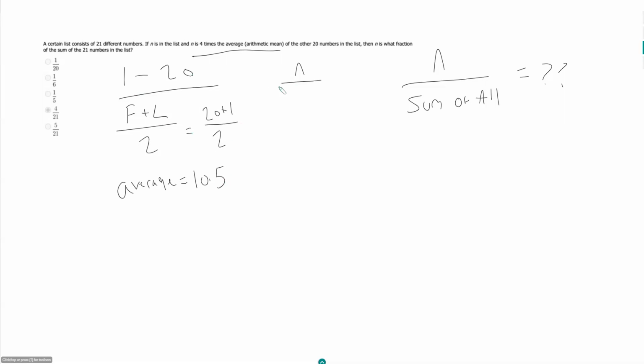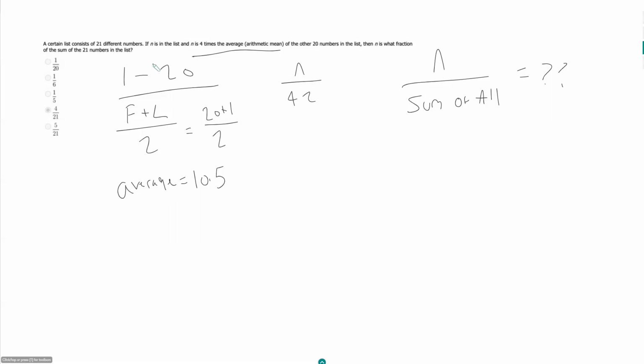Based on that, n has to be 4 times 10.5. So 10.5 times 2 is 21, and 10.5 times 4 should be 21 times 2, which is 42. So n is equal to 42.